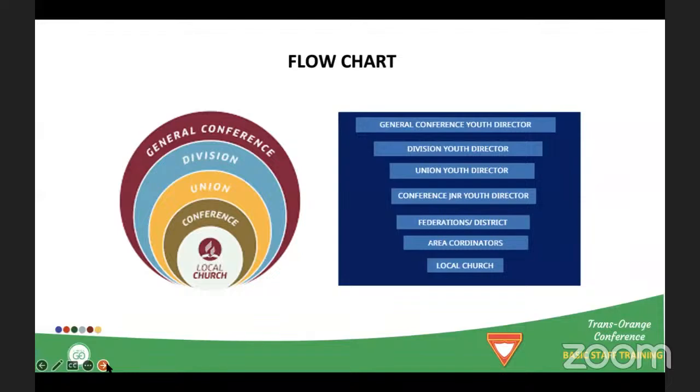So bringing in the federations and area coordinators tries to streamline and to attend to each and every club. So if you are having a challenge at your local church and you don't know who can assist you, your area coordinator is there. If the area coordinator is challenged or needs help, you move on to the next step, that is our federations or our districts. We move on to the next slide.